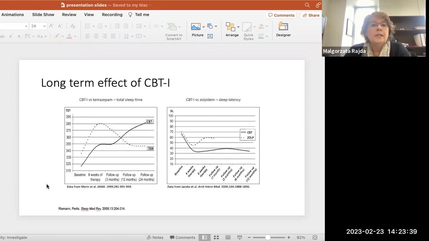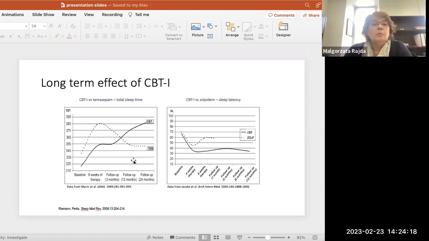Here you have a couple of graphs showing comparison of CBTI against temazepam. In patients who were treated with temazepam for their insomnia, at 24-month follow-up they were pretty much back to baseline with their insomnia complaint, while individuals who underwent CBTI at 24 months not only maintained their gains, but continued to improve.